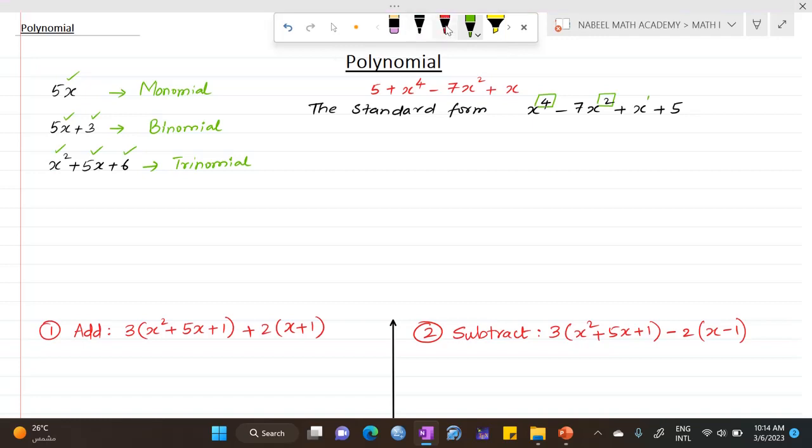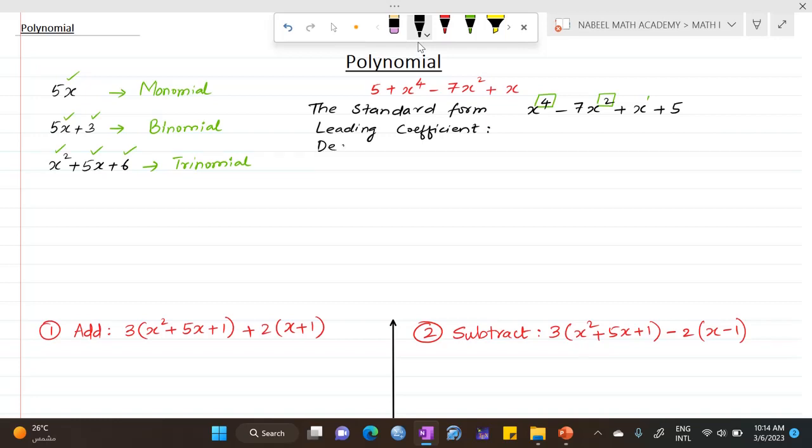Now let us go with the same thing. I want to calculate the leading coefficient. What is a leading coefficient? And then the degree.